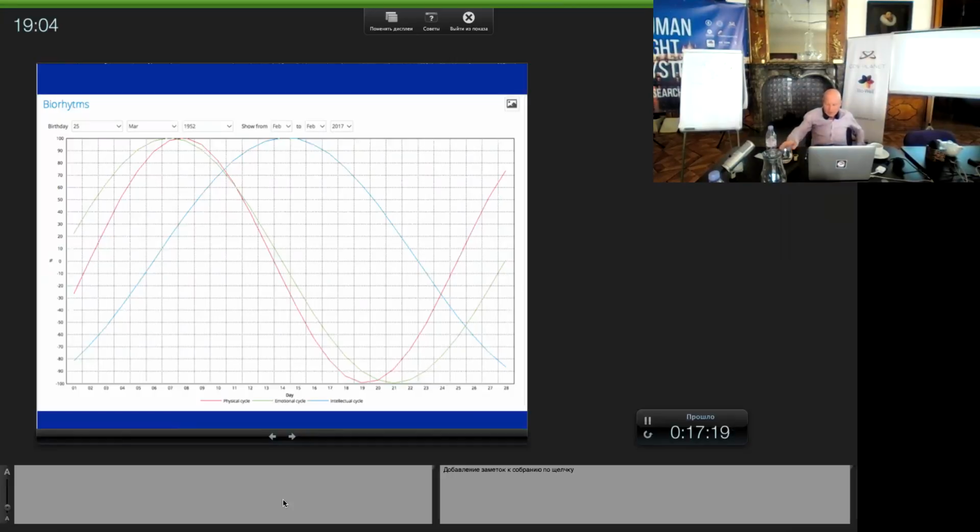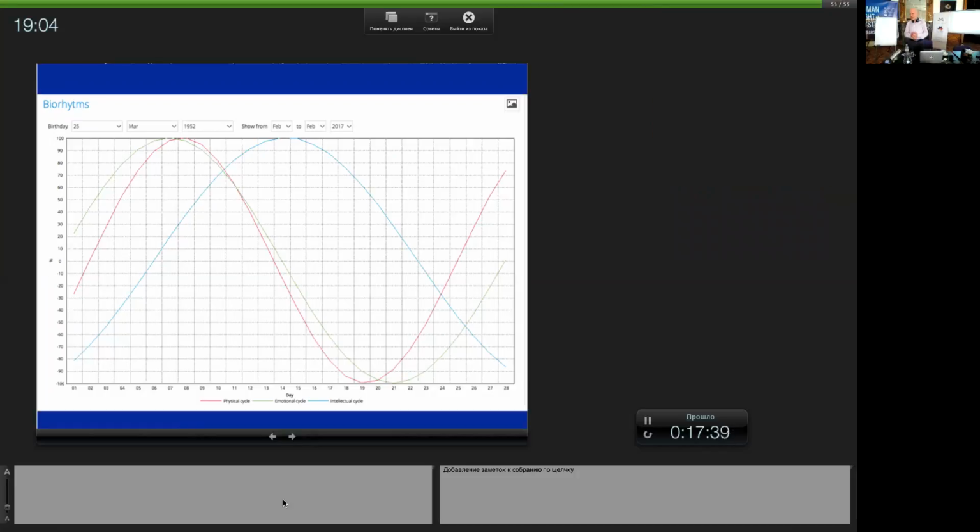Okay, so that's enough for today, because I understand that you are overloaded with information. It's impossible to process this information, impossible. But a lot of information I have in materials, most of the information.